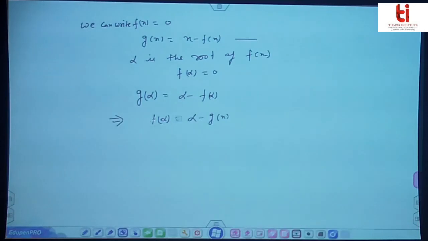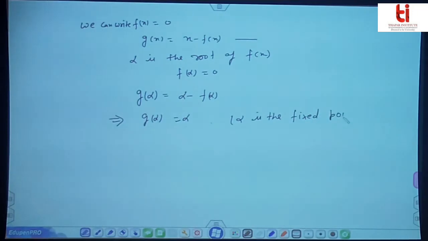I should write it here, it is creating confusion: g(alpha) = alpha. Alpha is the fixed point of g. If we are able to find the fixed point of g, then we can say that it is the root of the equation f(x) = 0.